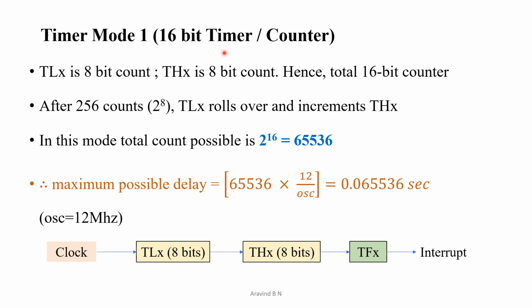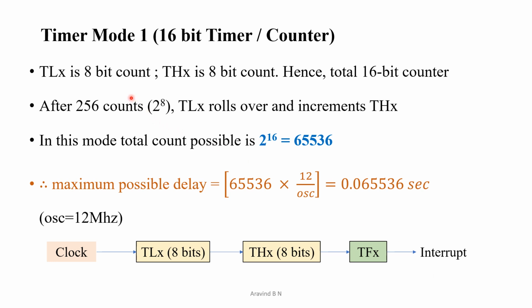The clock first goes to the 8-bit TL. After every rollover of TL, TH is incremented by 1. When the complete TL and TH combination overflows or rolls over, the TF of the TCON register is set, which generates an interrupt.